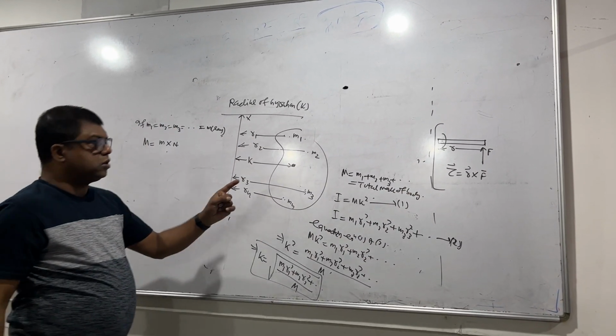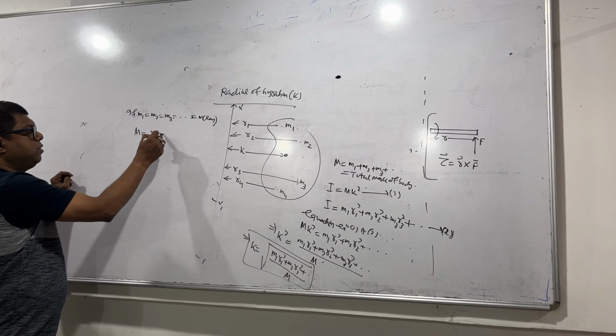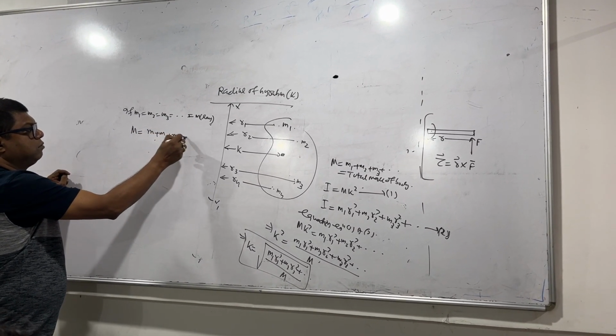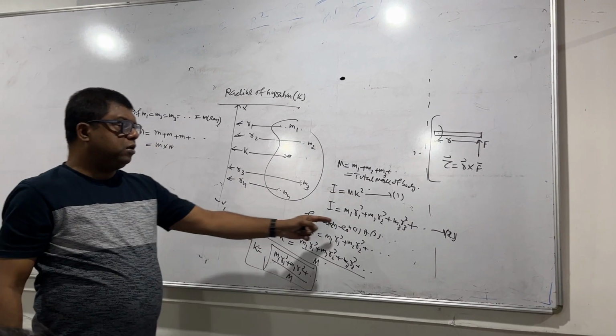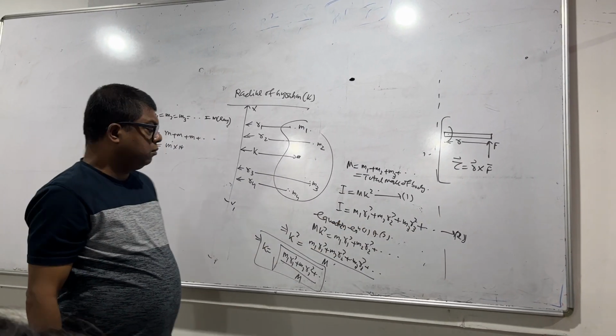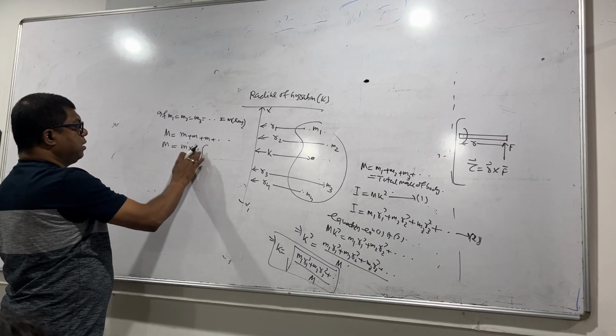If the body consists of n particles, that is m plus m plus m, that is m into n, because m1, m2, m3 are the same. So M is equal to m into n, where n is the number of particles.